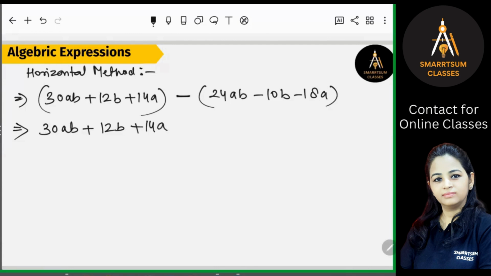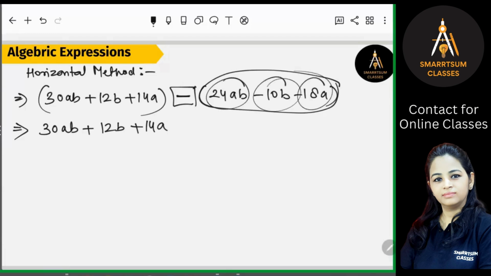We will write them as it is. Now, while opening this bracket, we have a negative sign outside. This rule we already know that whenever we have a negative sign outside a bracket, when we open the bracket, we need to change the sign of each and every term within the bracket. Is that clear? We already know this, right? So we will apply it here also.